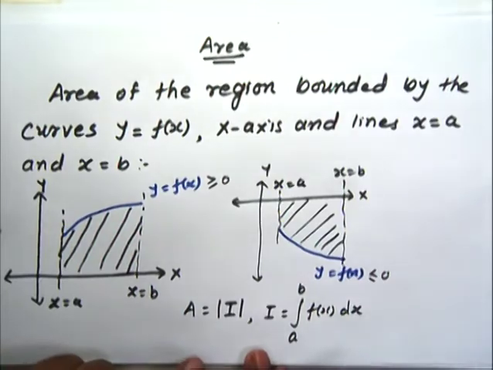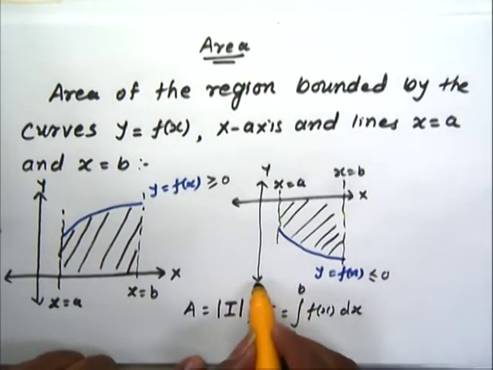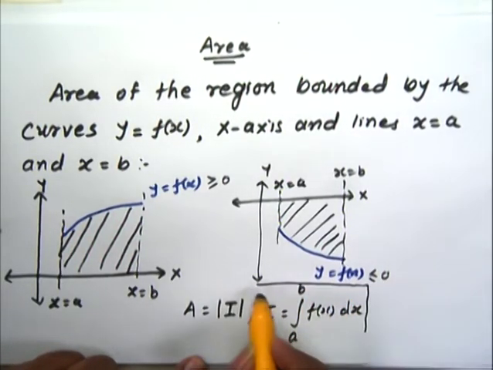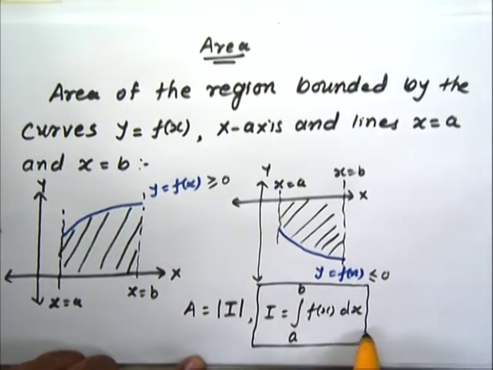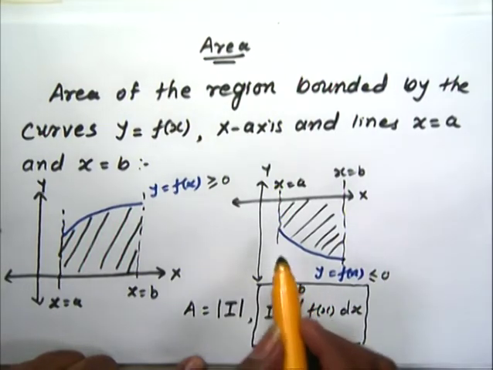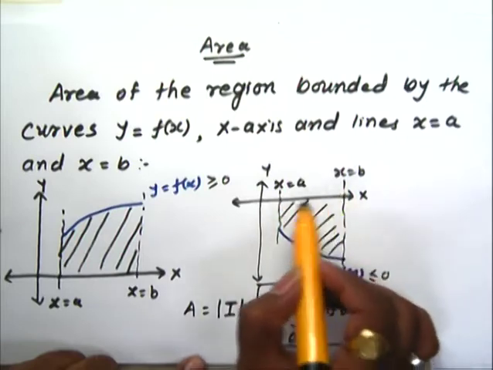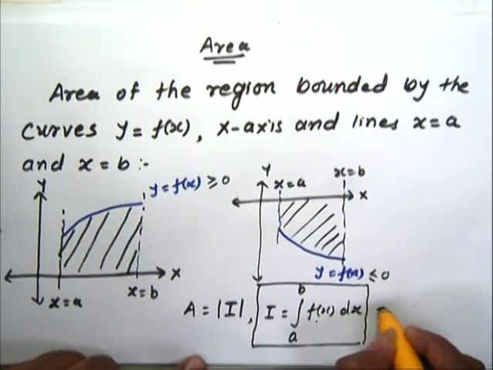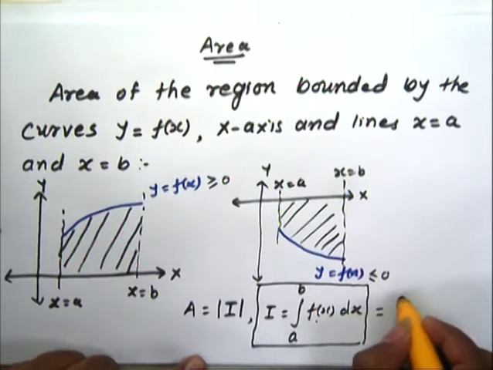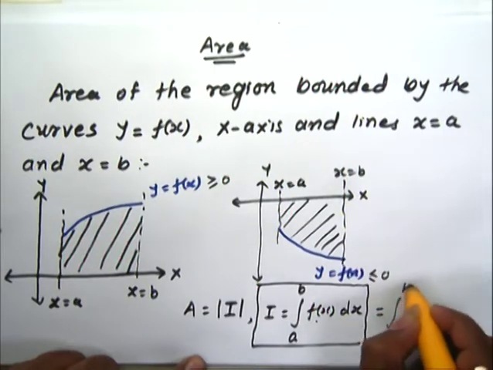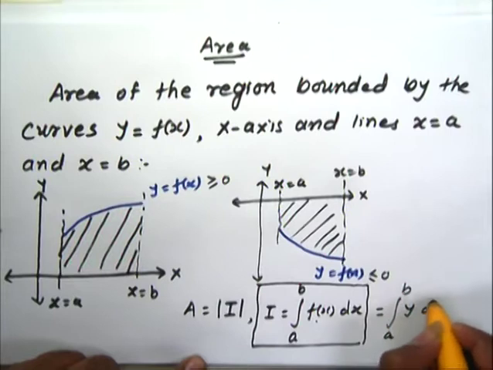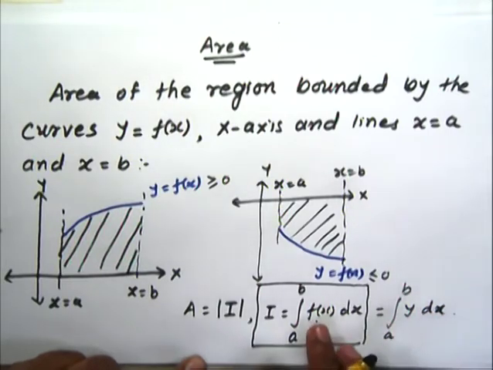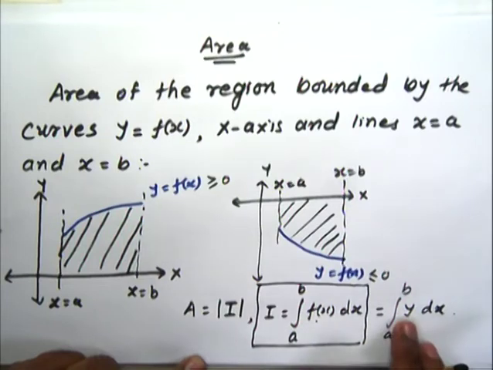This is the formula to find the area bounded by the curve f(x), x-axis, and these two lines. Or you can write this in this way also, integration a to b y dx also. Both are same. You can write f(x) or y, both.